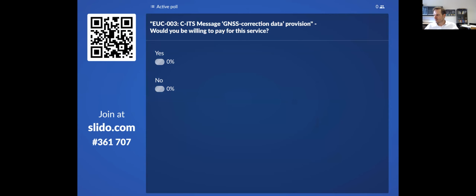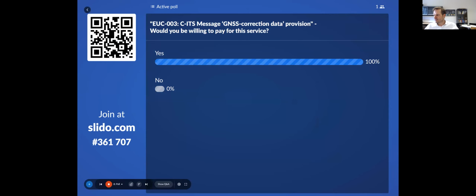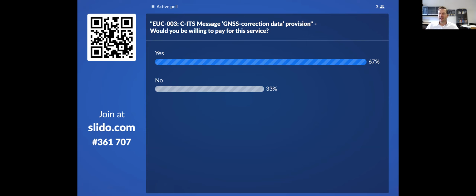So this is, I think, the second last question on this. So for GNSS correction data, which ultimately allows a car to be precisely located on the road, would you be willing to pay for this service?